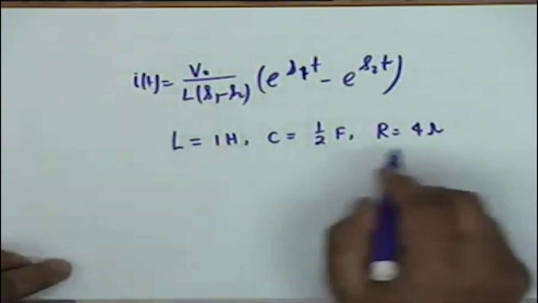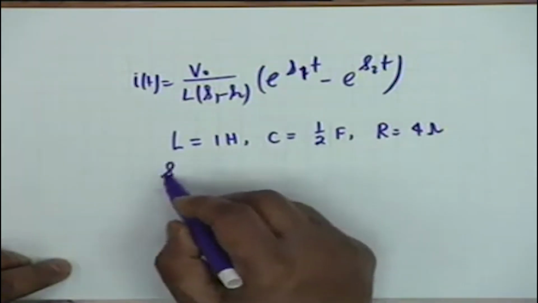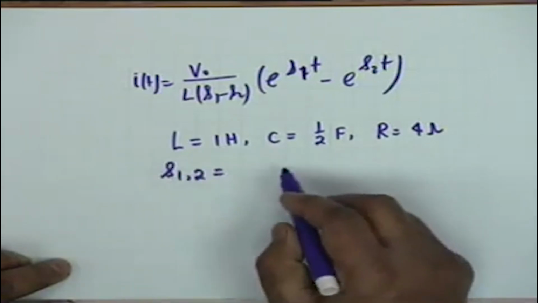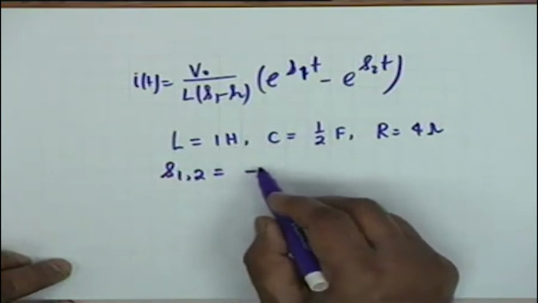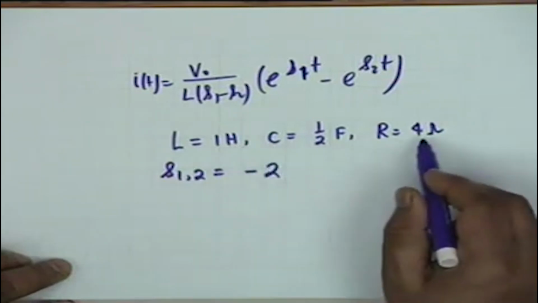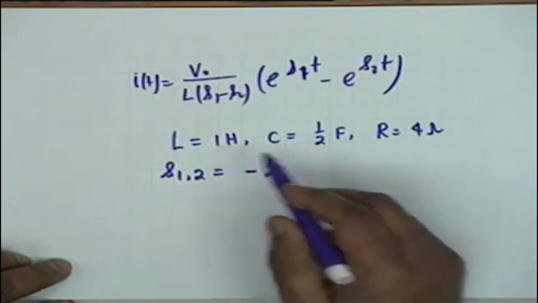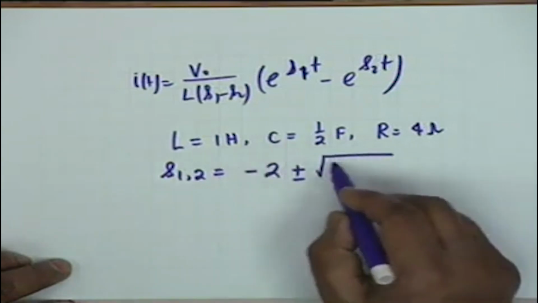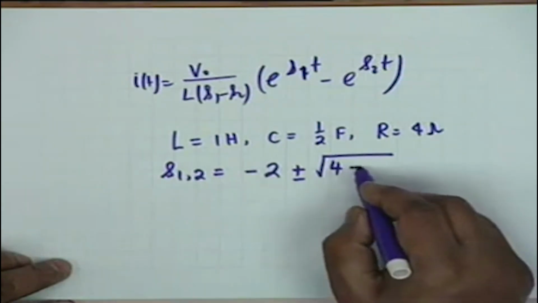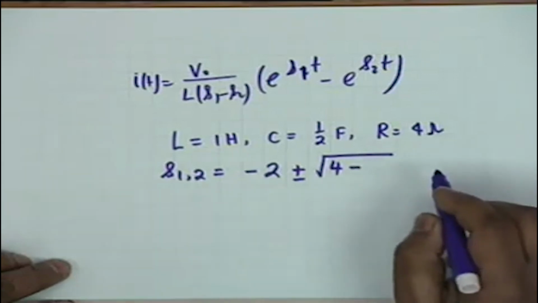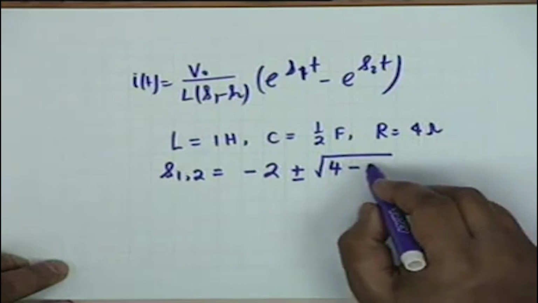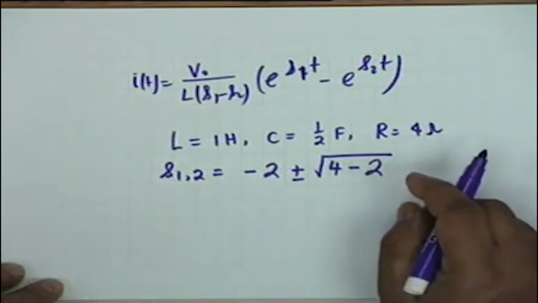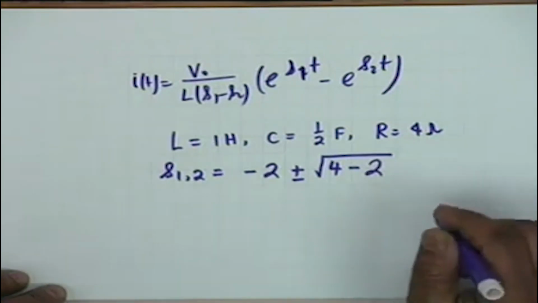Alright. If this is the combination of the elements, then S1,2 is minus R by 2L, so it would be minus 2, is that okay? 4 divided by 2 into 1, minus 2, plus minus square root of 4 minus 1 over LC. I have made a mistake.